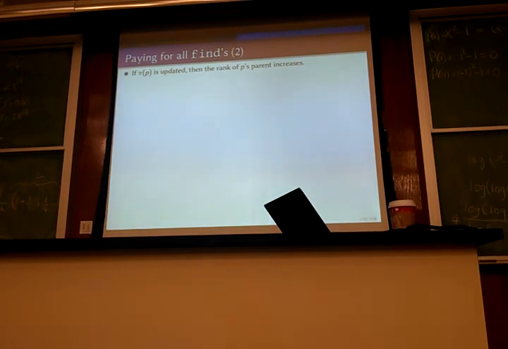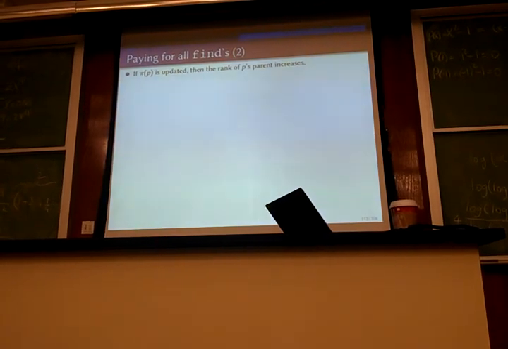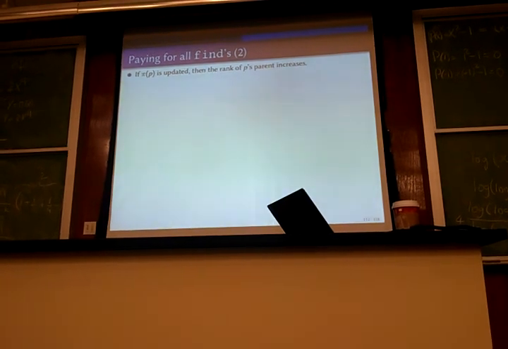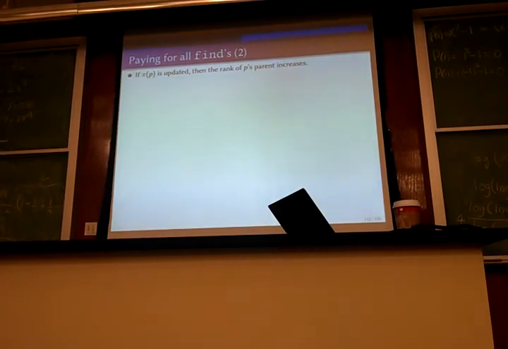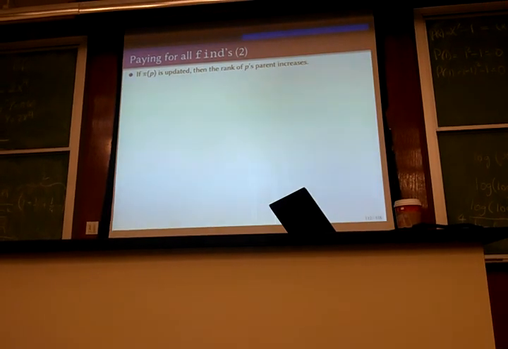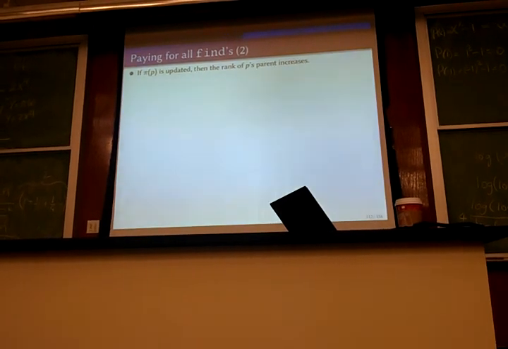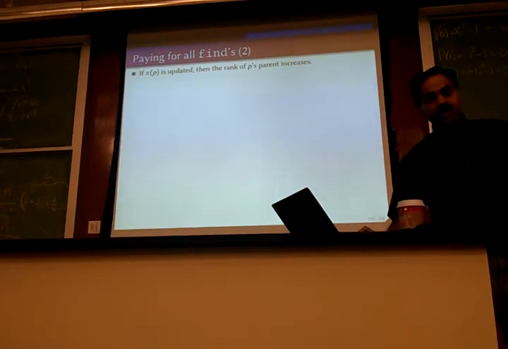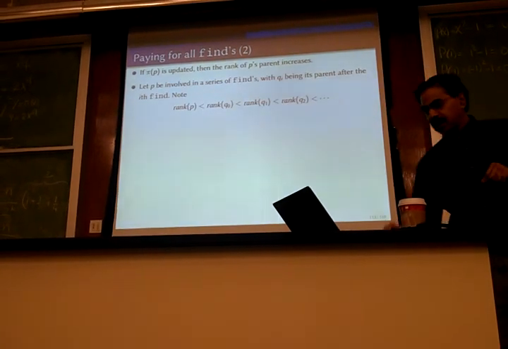Notice that each time I update my parent, my parent's rank should be different, should be higher. Because basically I'm being promoted. Each time I go up by one level, the rank should be higher. So each time pi of P, my parent, is updated, my rank is going to increase.